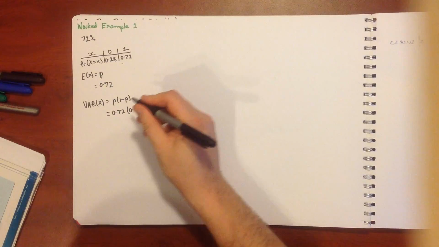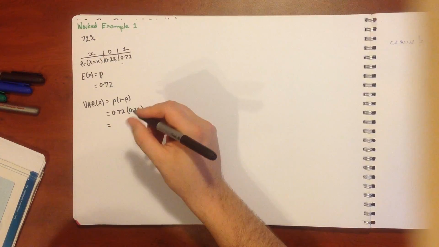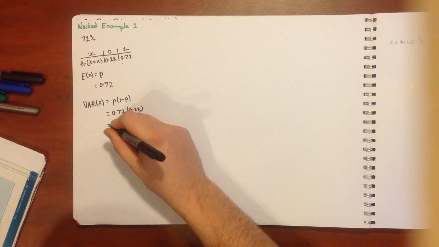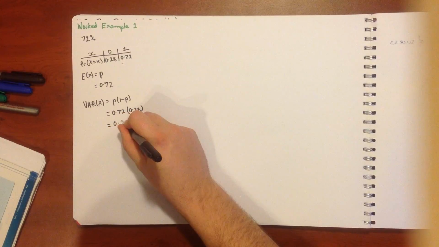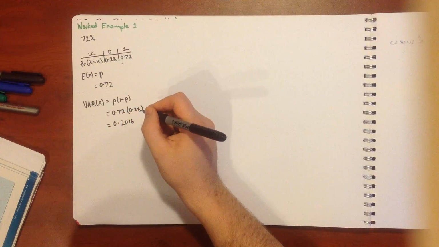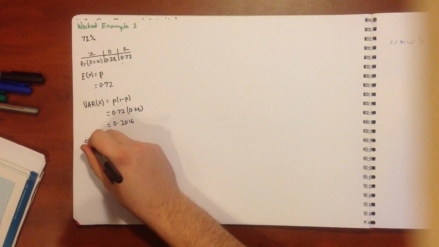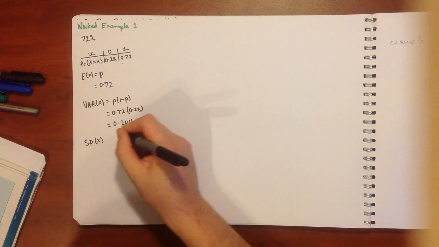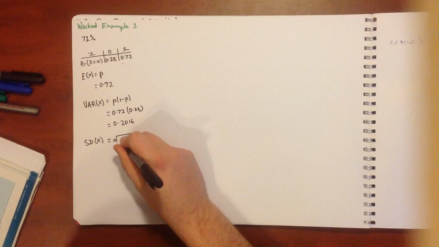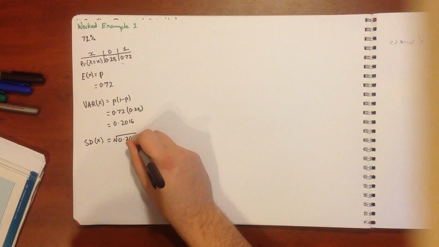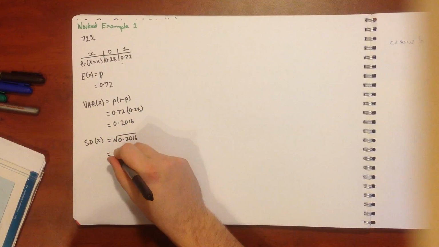We multiply those together and we find that we get 0.2016. Our standard deviation then is of course the square root of 0.2016, which is equal to 0.4490.